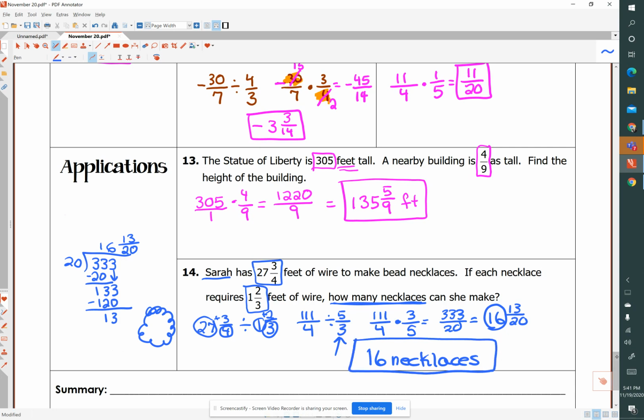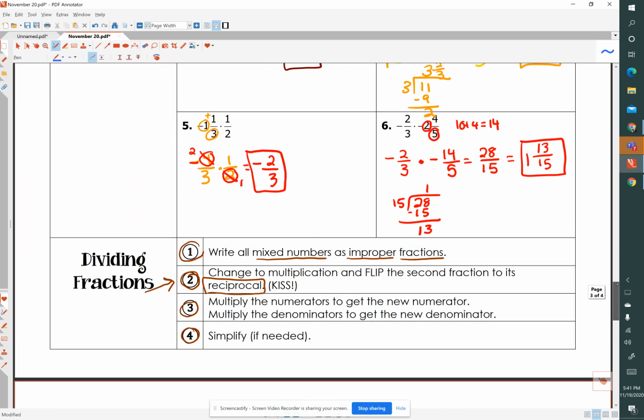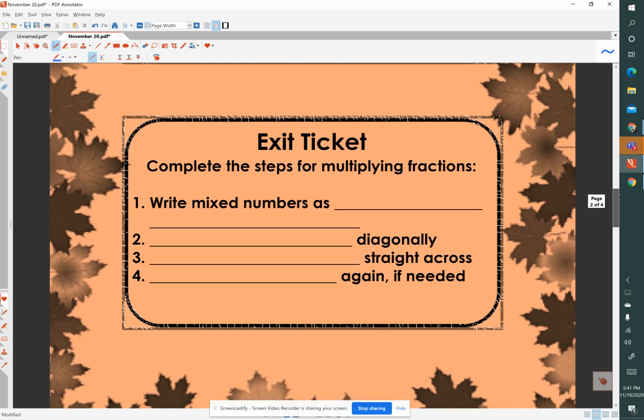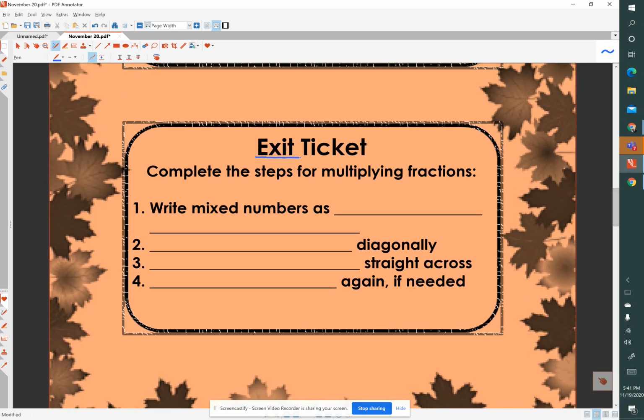So let's go back to our exit ticket. So here we go. Complete the steps for multiplying fractions. Write mixed numbers as improper fractions. And then simplify diagonally.